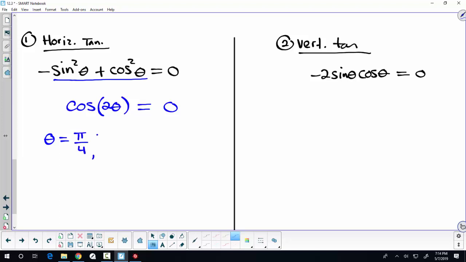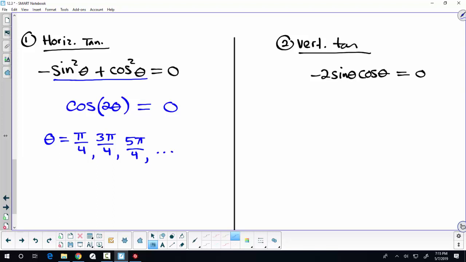Same ones we got in the last problem, right? Odd numerators, pi over 4 denominators. Okay, so that's when our derivative is equal to 0.